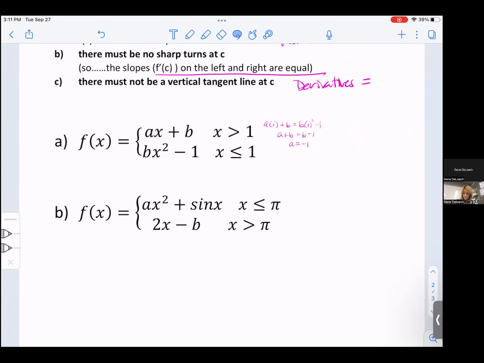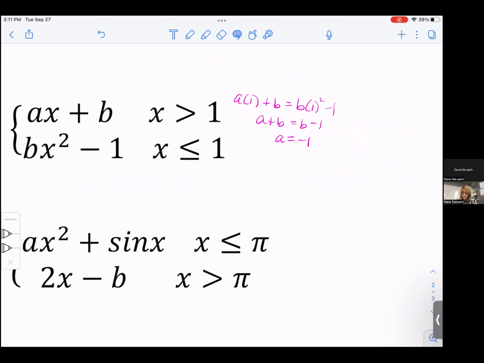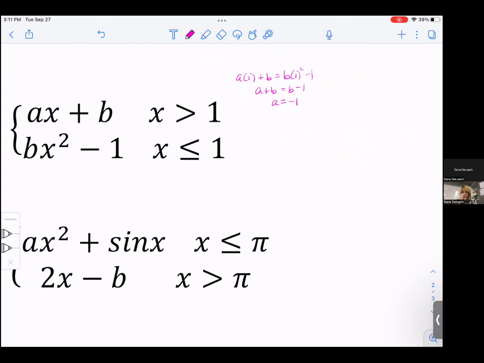Okay, so we're going to do now the derivatives. Okay, so the derivative, that's making sure it's continuous. I know when A is -1, I don't know B yet, but I know when A is -1, it's continuous. And then I'm going to find B. Since I have 2 variables, I need 2 equations. Well, I've got to find the derivative.